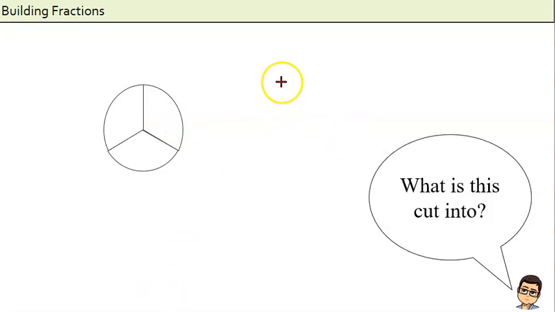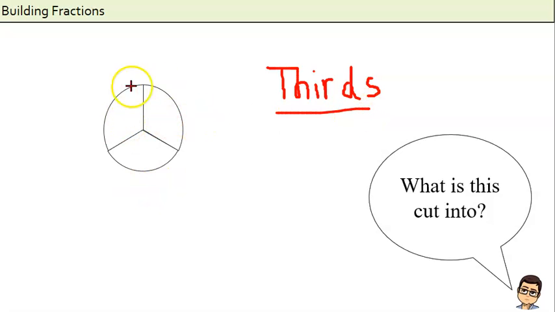If you remember, it's cut into thirds. I forgot to put it in my PowerPoint, so I'm going to write it here. It's cut into thirds. I know that because there are 3 equal pieces.